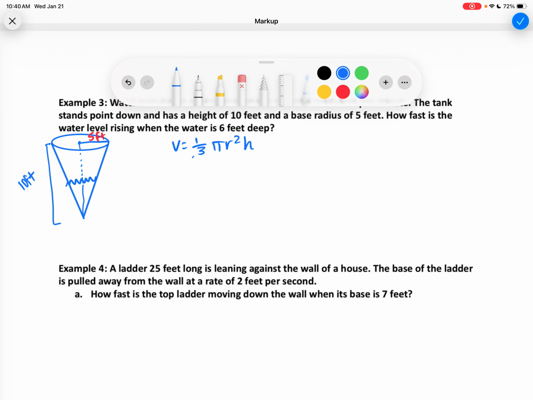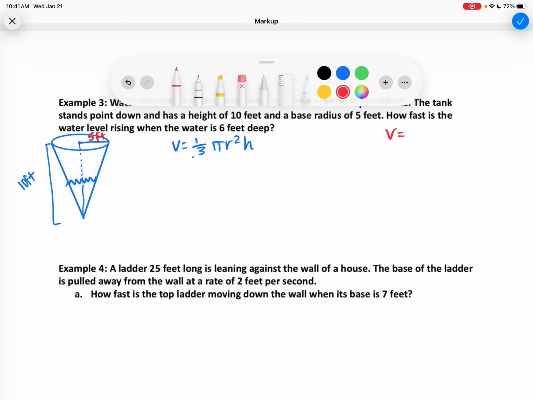I like to go ahead and write this because then I know what variables I'm dealing with. So I'm going to set this up over here. There's a few other things I need to draw, but I need to see what I have and what I don't have to keep going.